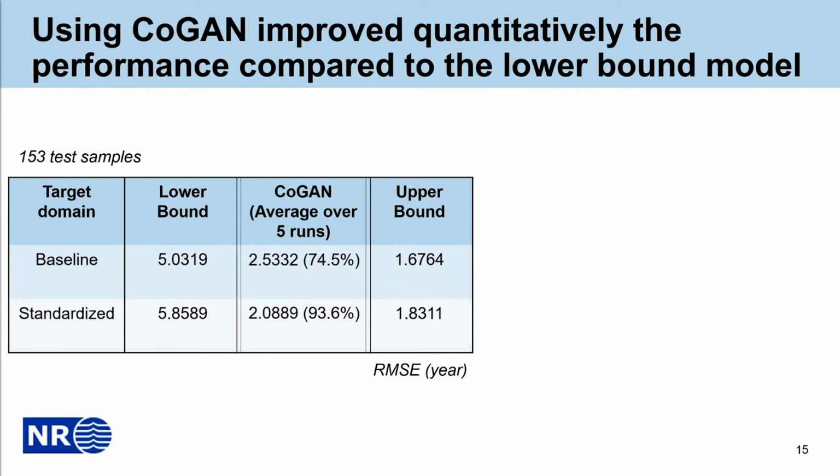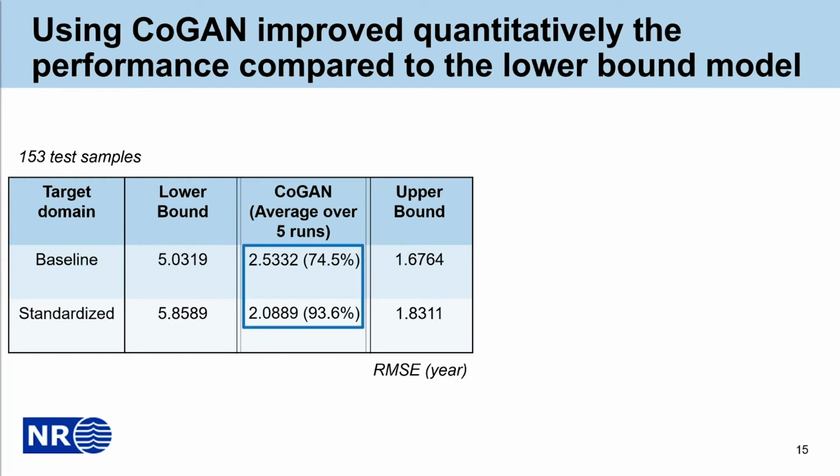And then we have the upper bound model, which is the last column. This is the model trained on the target data from the Icelandic lab, with now the age labels revealed. In both cases, we use the VGG19 architecture. So these two columns serve as soft indicators to quantitatively evaluate our COGAN results.